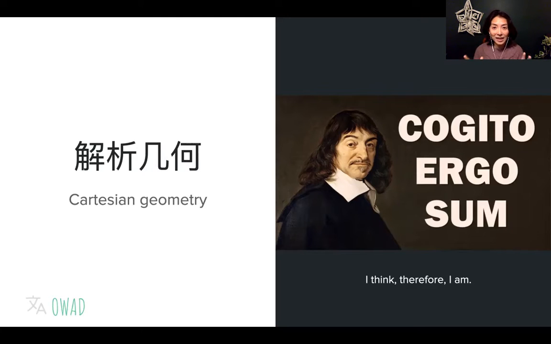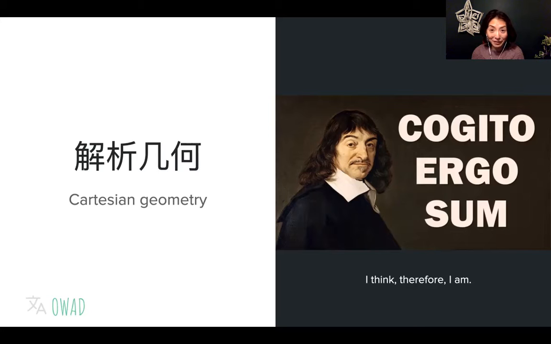It's like understanding something more tangibly, right? Before, algebra is pretty abstract, but now you have a system to look at the numbers, exactly where things are. So that's a great gift from the past. And this guy came up with the saying, I think, therefore I am.